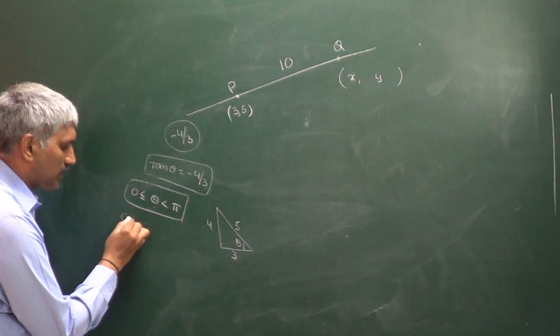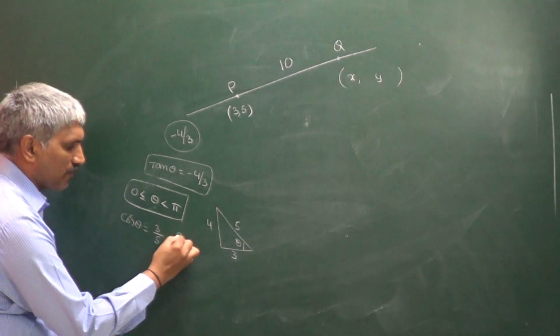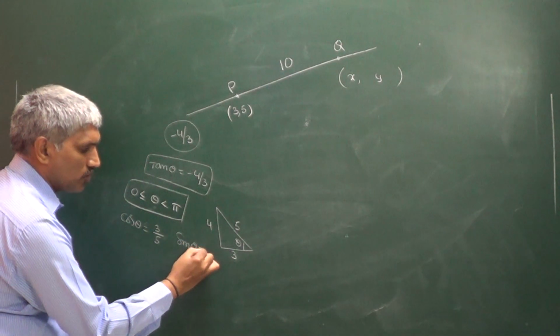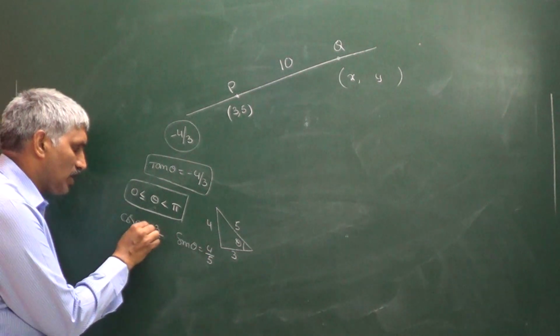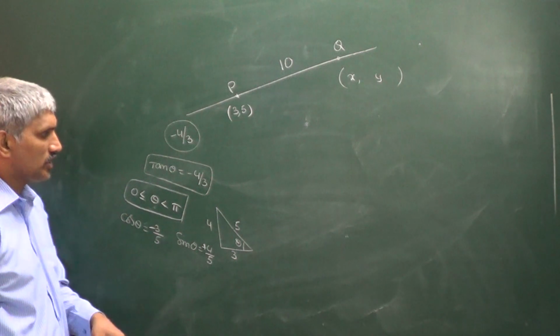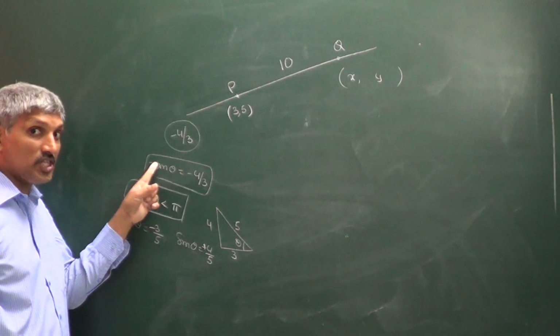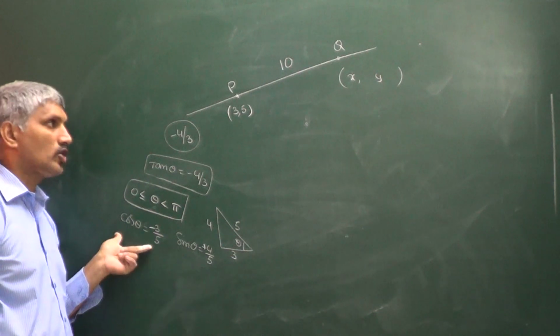Tell me from the diagram what is the cos theta value. Cos theta is equal to 3 by 5 and sin theta is equal to 4 by 5. Now cos theta we have to take negative, sin theta we have to take positive, because tan we got negative means theta lies in the second quadrant. Second quadrant: sin positive, cos negative.